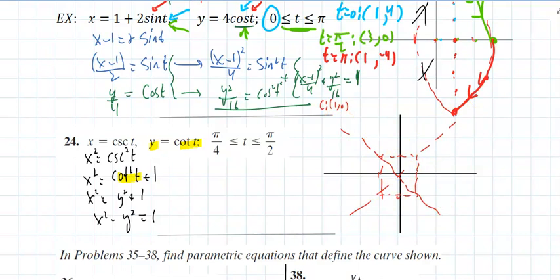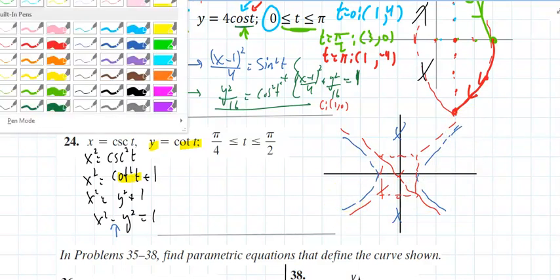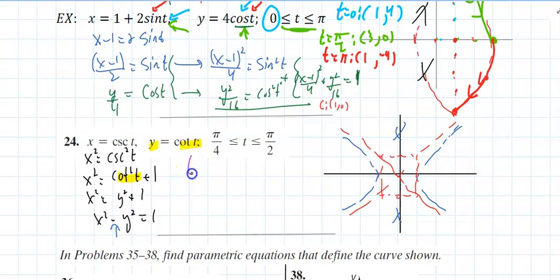And since the negatives are along the x and the y, this is going to be one of those or one of those. Well, let's see how that works. We're looking between pi over 4 and pi over 2. If I pick pi over 3, actually pi over 4 is allowed.